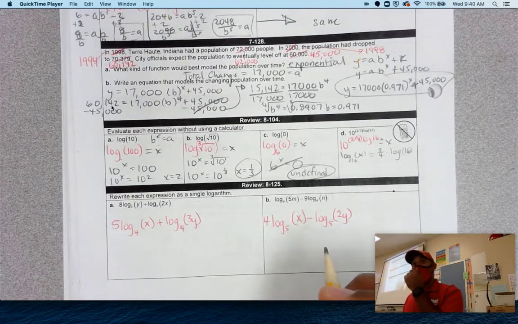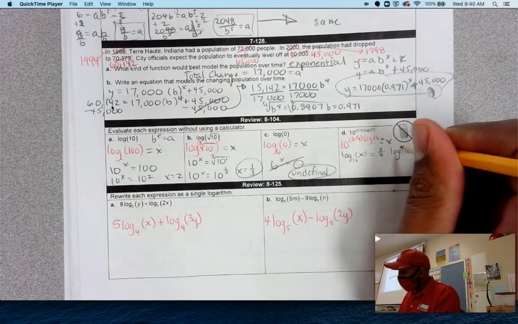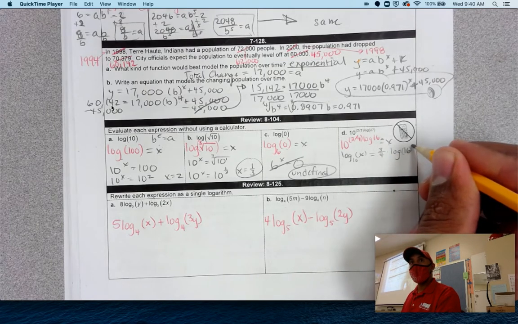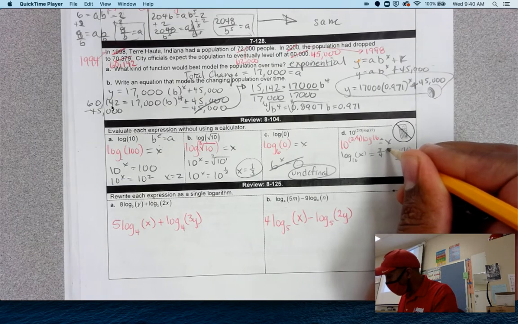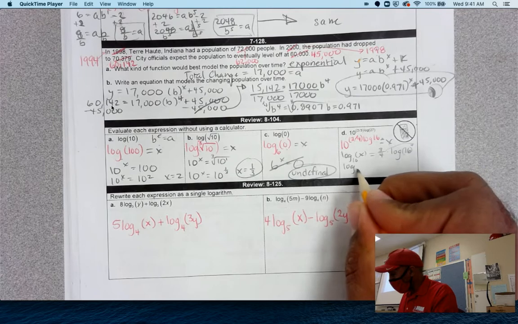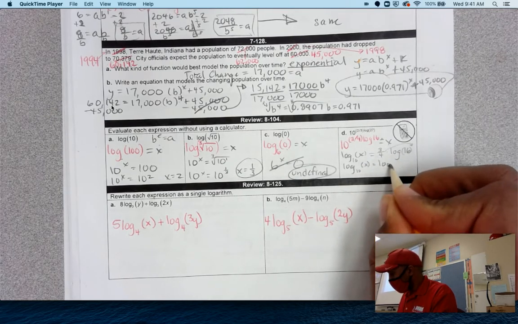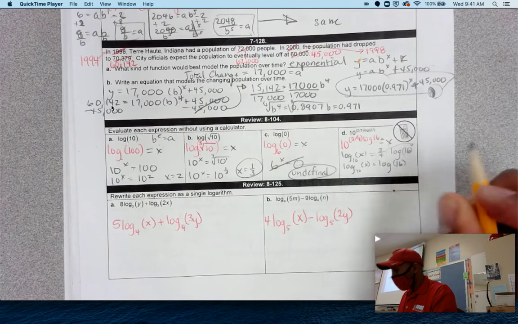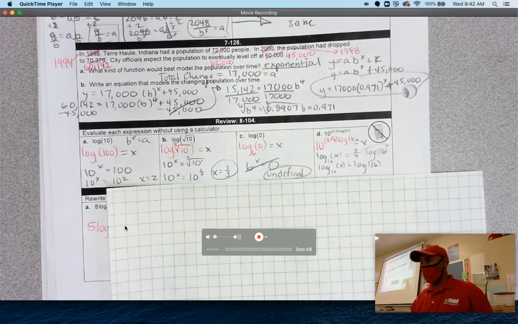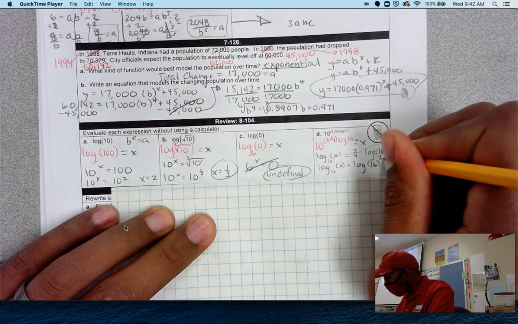You remember a problem like this last week, when there's a number in front of the log, I can use the power rule to move it back into the exponent. So I'm going to move this to the exponent of the 16. And I'm probably going to end up using another piece of paper here. Now I've moved that to the top, so I've got 3/4 up there.